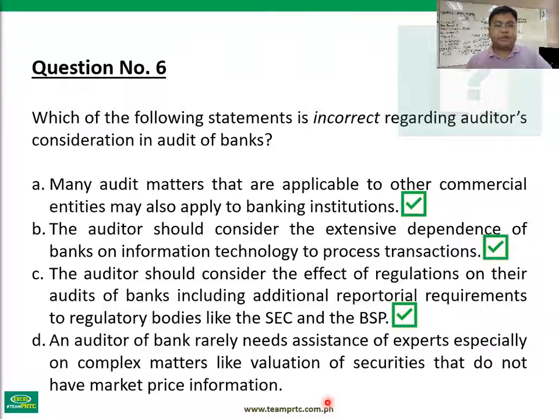And letter D: the auditor of a bank rarely needs assistance of experts, especially on complex matters like valuation of securities that do not have market price information. Letter D is incorrect. Normally, the auditor of a bank ordinarily needs assistance of experts, not rarely. Therefore, number 6 answer is D. The word rarely made the statement incorrect, because we normally need assistance of experts in complex areas like valuation of securities.